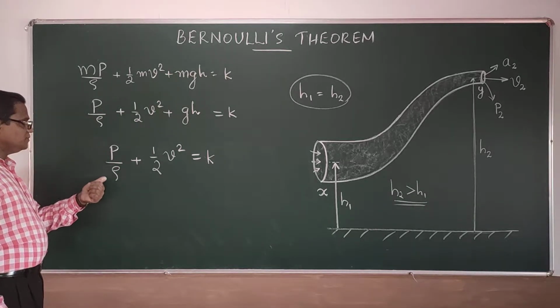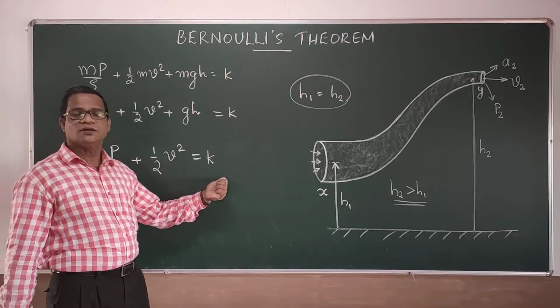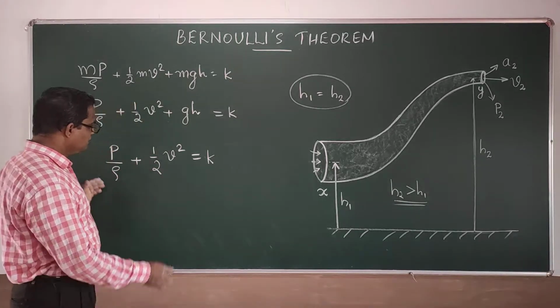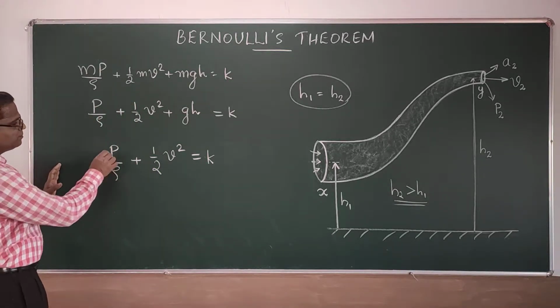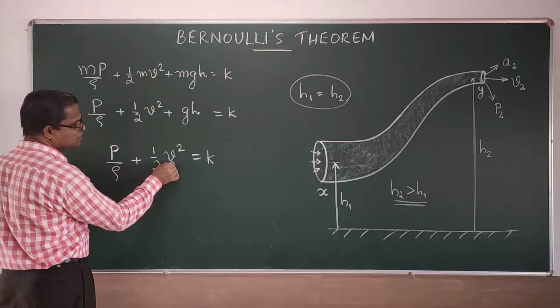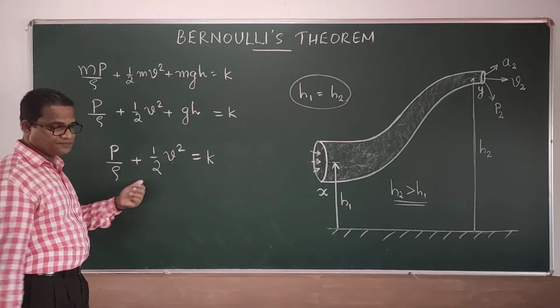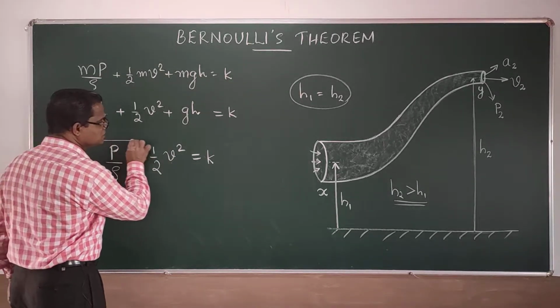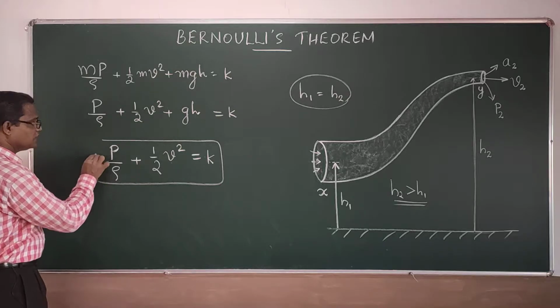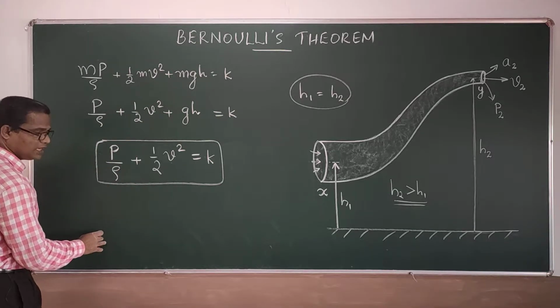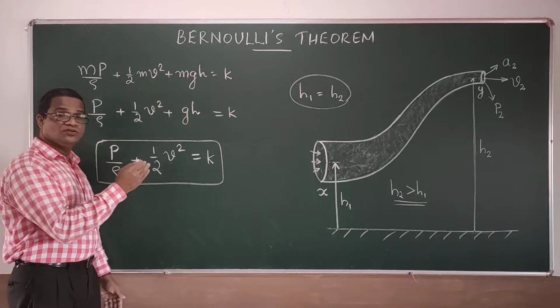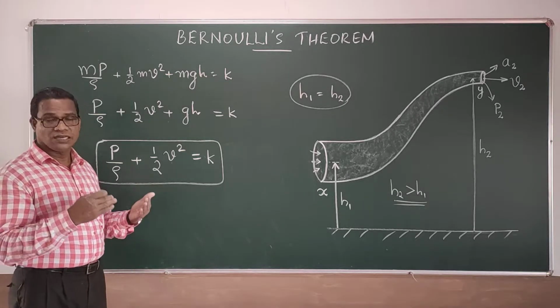Therefore, if P by rho plus half V square is a constant, then we can understand that the pressure and the velocity of flow are related. From this equation you can come to the conclusion that the pressure and speed of flow are related.